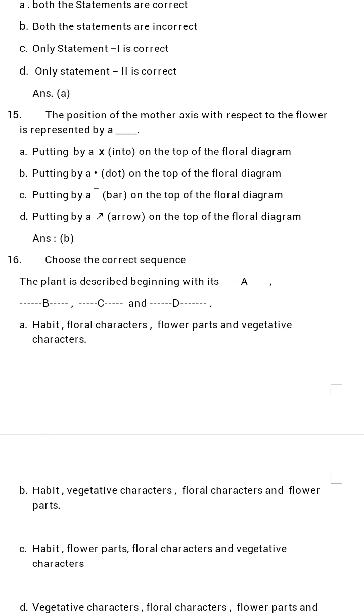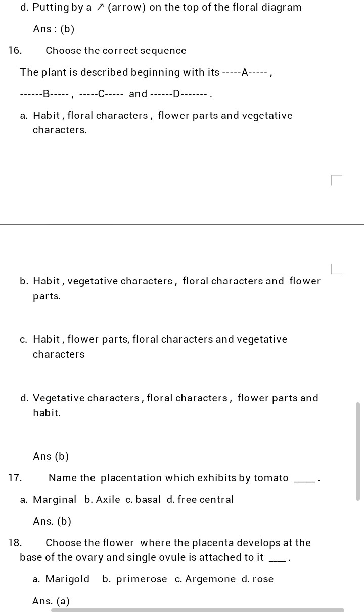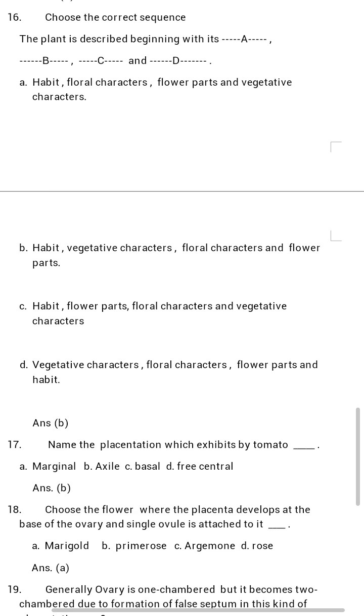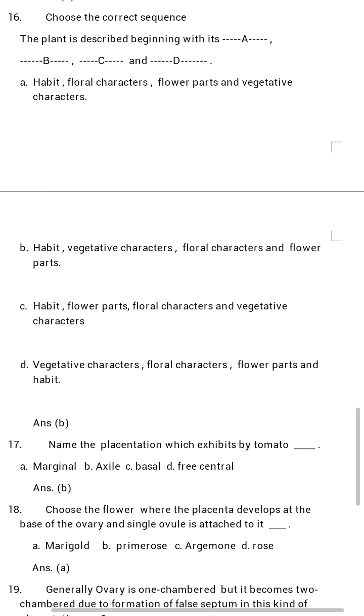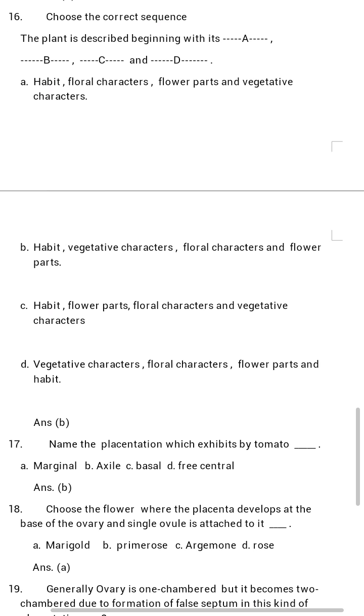Next, moving to the 16th question. Choose the correct sequence. This is also a very interesting method of asking. Let us see this question. The plant is described beginning with A, B, C and D. So we need to find out the correct sequence. When we are describing a plant, what is the first step and so on, and what could be the last step.